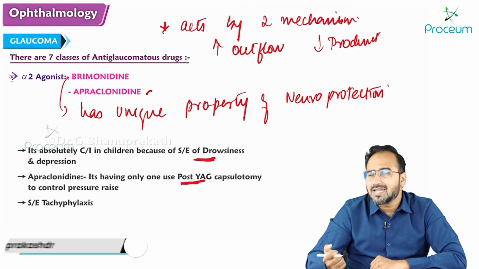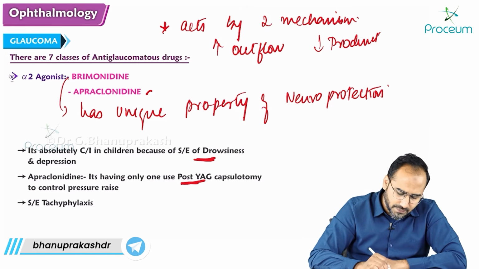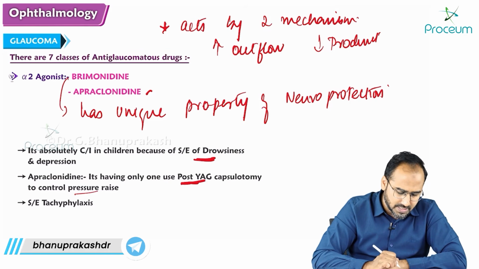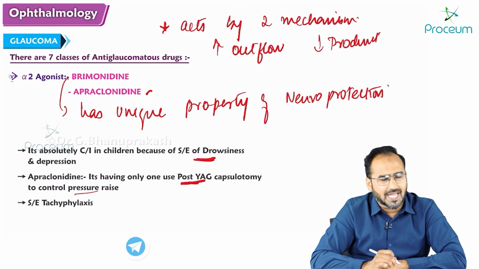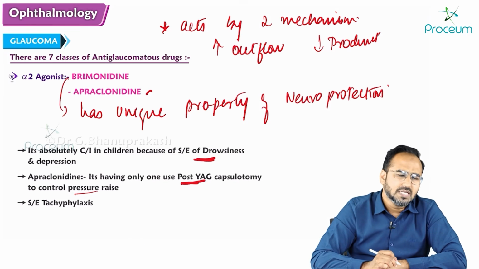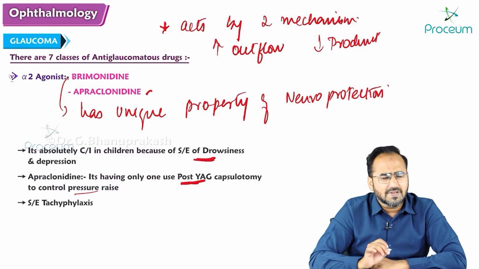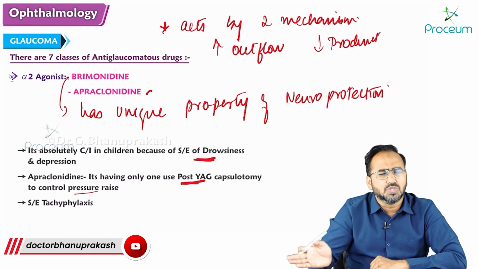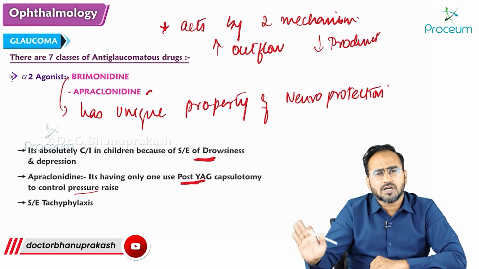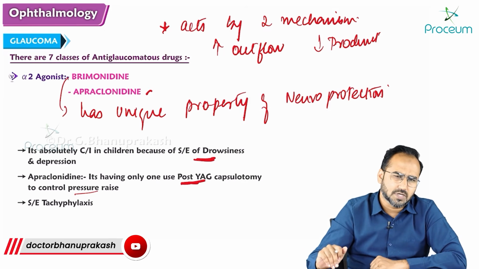There you can use apraclonidine to control the intraocular pressure. The side effect associated with it is tachyphylaxis. So brimonidine we have to remember for glaucoma. Apraclonidine is not used for glaucoma; it is used for decreasing the pressure after YAG capsulotomy.